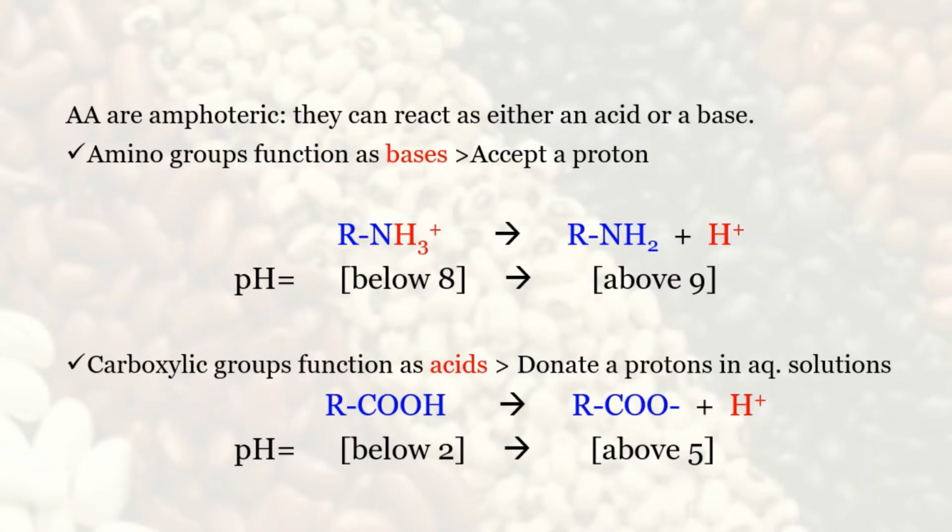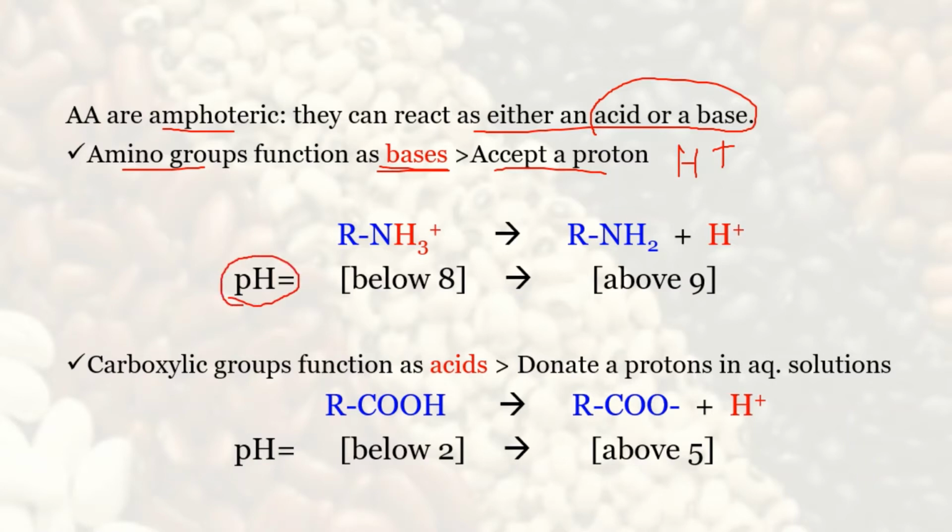So let's understand this charge better. Amino acids are amphoteric, and that means that they can act as either an acid or a base. Amino groups usually act as bases, and bases accept a proton, and in this case a proton is the hydrogen ion. pH is a scale that runs from 0 to 14.